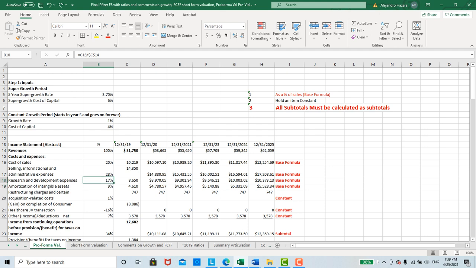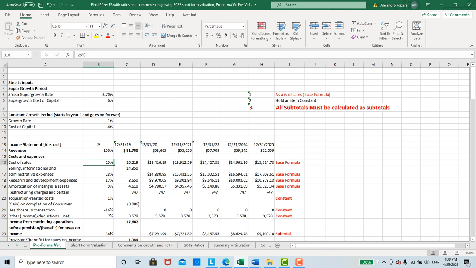Let's say they increased R&D. Now this is where you have to make additional adjustments because R&D can also be seen as an investment, not just an expense. Let's just change, say that they became more efficient in selling and administrative expenses. So let's say that they became less efficient in producing their goods. That's another type of accounting. But let's say this went up by 25%.